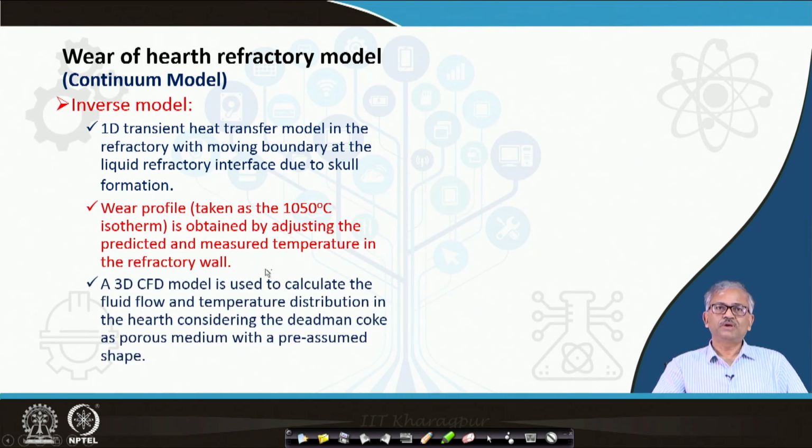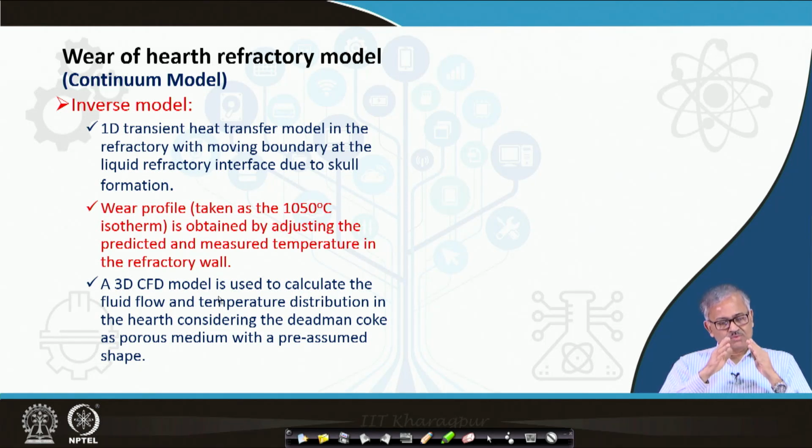And also you have another model, a three-dimensional CFD model, used to calculate the velocity inside the hearth. In the hearth, you know all the dead man coke is there, either sitting or floating. But you can do this in the case of the continuum model.